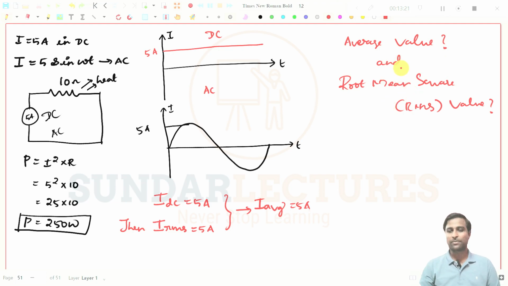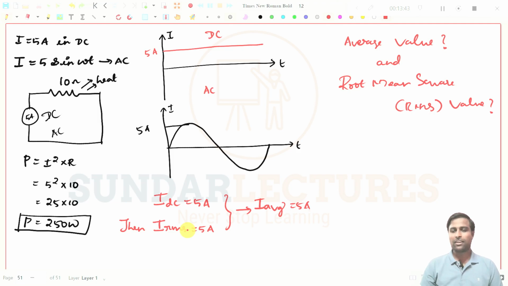What is the difference between these two? If you know the difference between these two, then it is very easy to understand what the root mean square value is in an AC circuit. And it has to be a root mean square value, not the average value. We never use average values in AC circuits. Everything will be root mean square value, right?